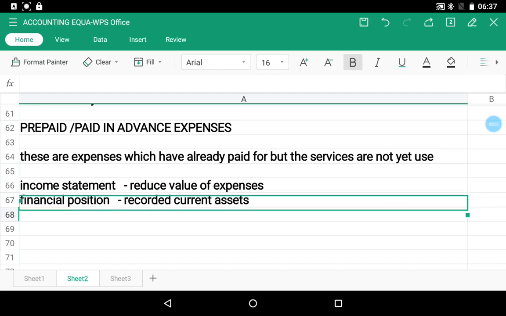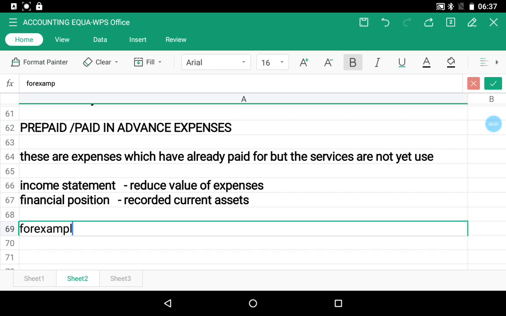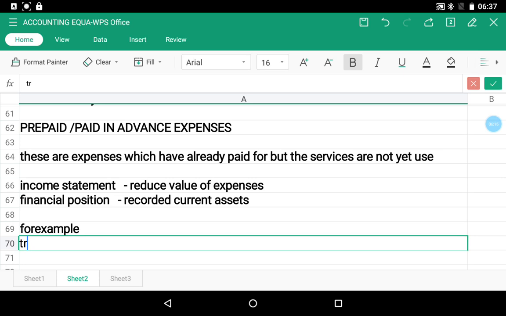Now let us look at some examples of how they are treated in the financial statements. Practically, let us see some example. So here in our trial balance, they can say rent.